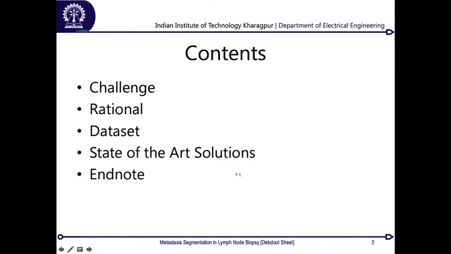Then I would be discussing the data set, also showing you some comparisons, and at length discussing at least one of the solutions. So I would be discussing the winning team which won this particular challenge last year at ISBI, and what method they were using, and then coming to an end note on what more you can read and where you can read it from.